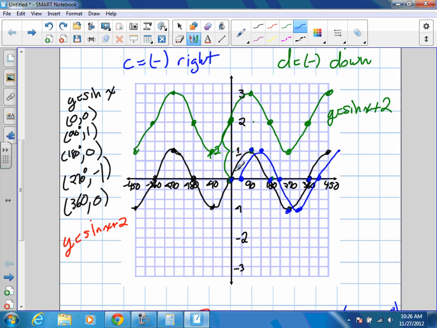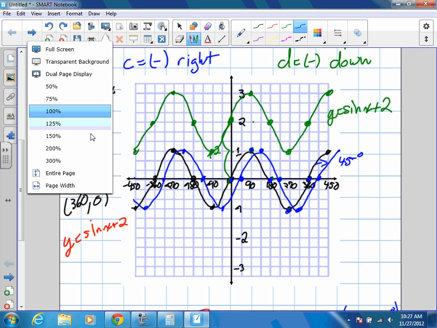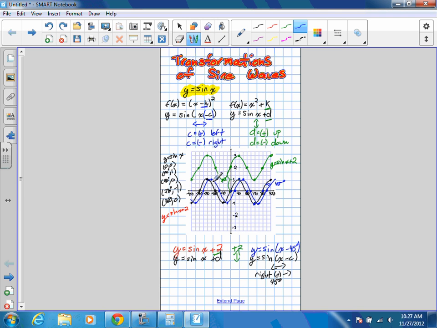The pattern becomes the same. The only difference is everything has been shifted to the right 45 degrees. So this one would actually not even exist. Okay, so we continue this pattern. It looks pretty good, eh? So essentially what has happened is we've moved everything to the right 45 degrees. That's pretty much the entire lesson. We're going over just those 2 things.